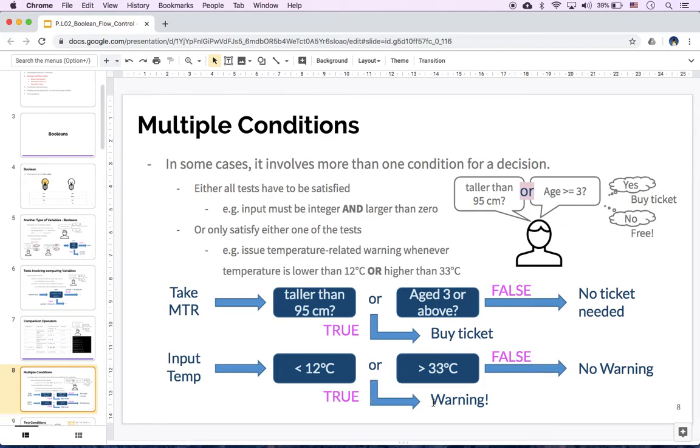Then you have to issue a warning to the public. Okay. If you're having a daily temperature at maybe 20 degrees Celsius, then you are not fulfilling these two because it's not smaller than 12 and it's not larger than 33, then you don't need a warning. So this is one of the examples in studying weather.